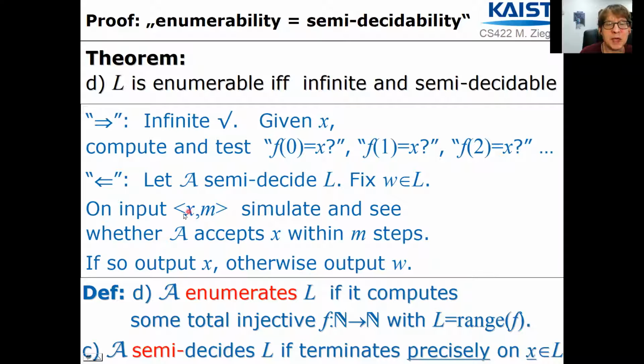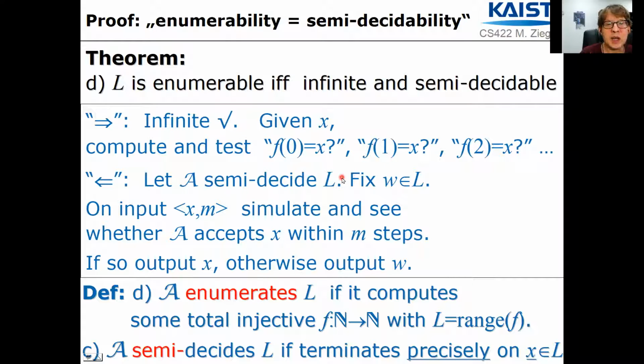And now consider this pair X comma M, encoded as a natural number. So it belongs to the domain of F. Upon the input of that natural number, our new algorithm will recover X and M, simulate A, detect that A does terminate within that number of steps, and therefore output X. This shows that the function our new algorithm calculates outputs precisely all and only elements of L. So that concludes the proof, right?